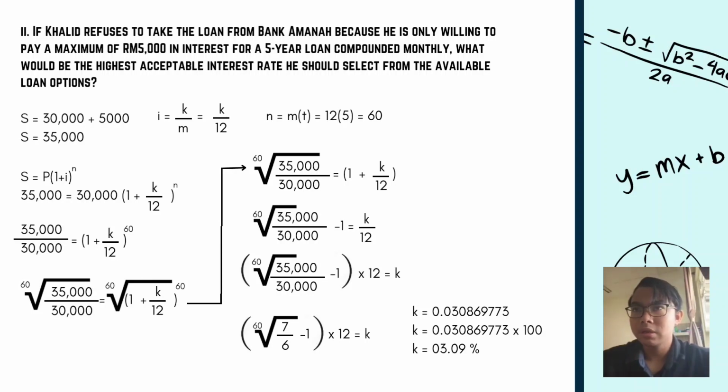To convert to percent, K equals 0.030869773 multiply 100. The answer for the question is K equals 3.09%.